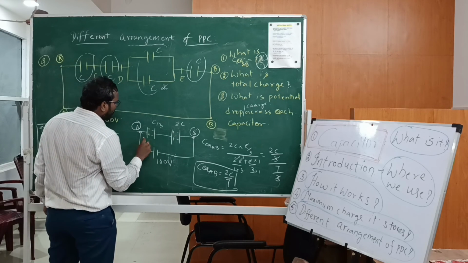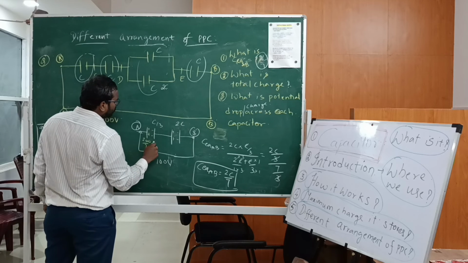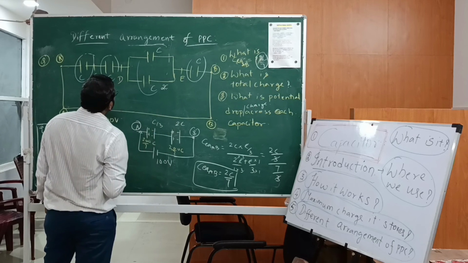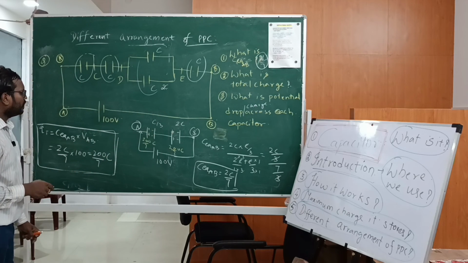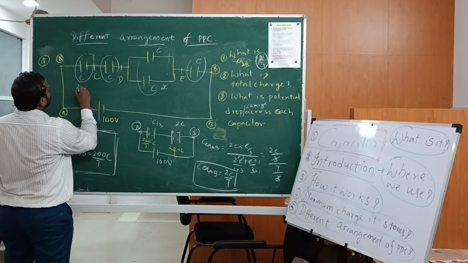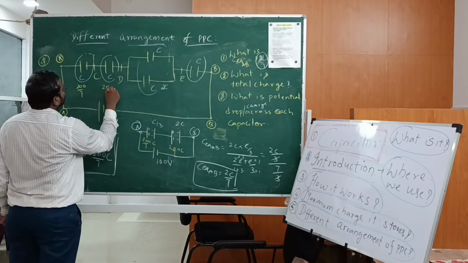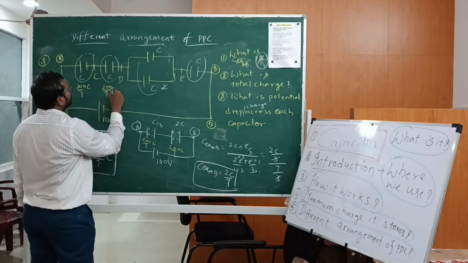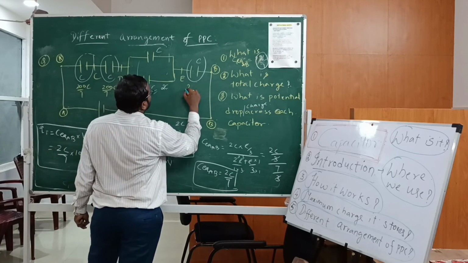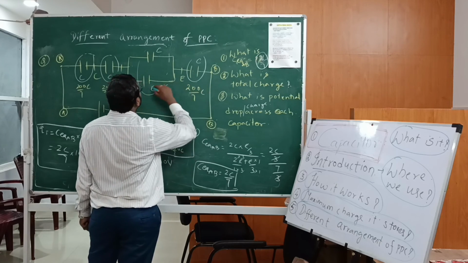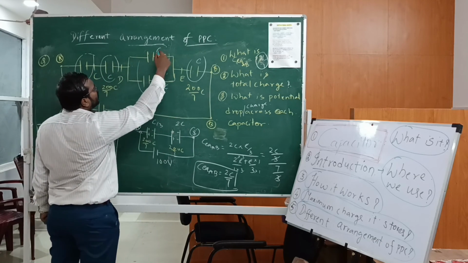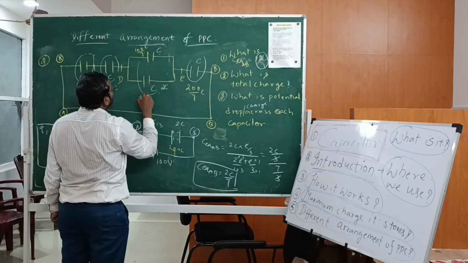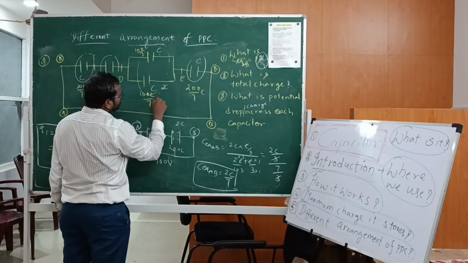So 200C by 7 will be on this, and the same 200C by 7 will be on each of the series capacitors. But in the parallel connection, the charge will be equally divided because we have the same capacitors. So that will be 100C by 7 on each.